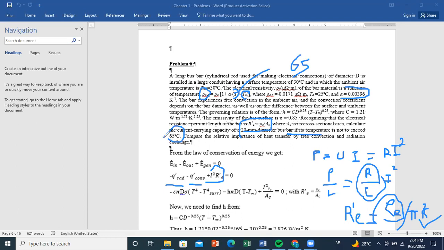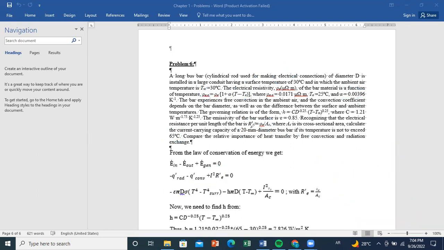Since we are working in steady state conditions, we are assuming to have a value of 65 for the rod. So we can replace T for the rod by 65 degrees. And then we'll be able to calculate the value of R prime E. And once we calculate R prime, we can say that the value of power per unit length is R prime times I square. Okay, so now if we write our equation, we are ready to replace all terms.